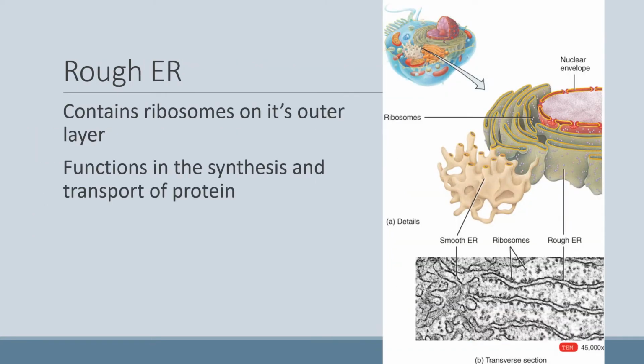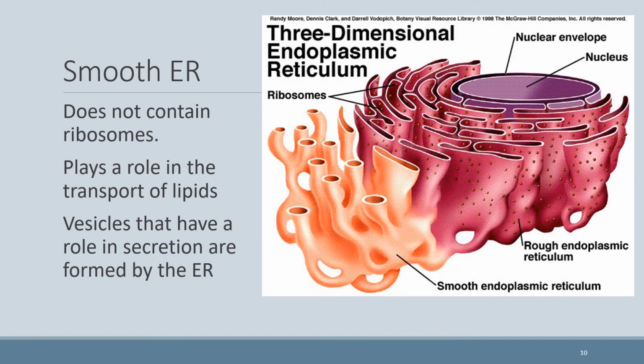As mentioned in the previous slide, rough endoplasmic reticulum contains ribosomes on its outer layer and functions in synthesis and transport of proteins. Smooth endoplasmic reticulum, which you can see in this area over here, does not contain ribosomes, but it may play an important role in the transportation of lipids.